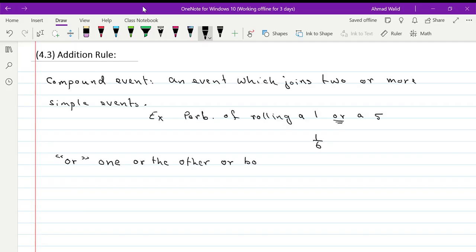That's the meaning of "or". One or the other, or both of them. This is what we call "or", correct? That's the meaning of "or" in our notation, and soon I will give you the notation.